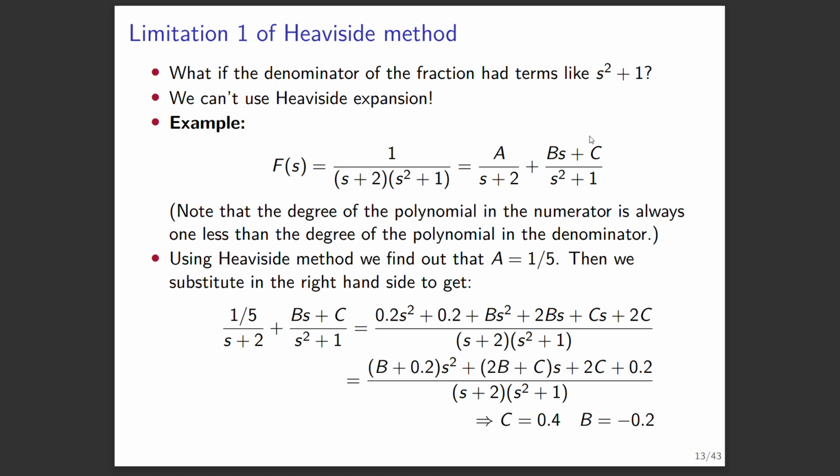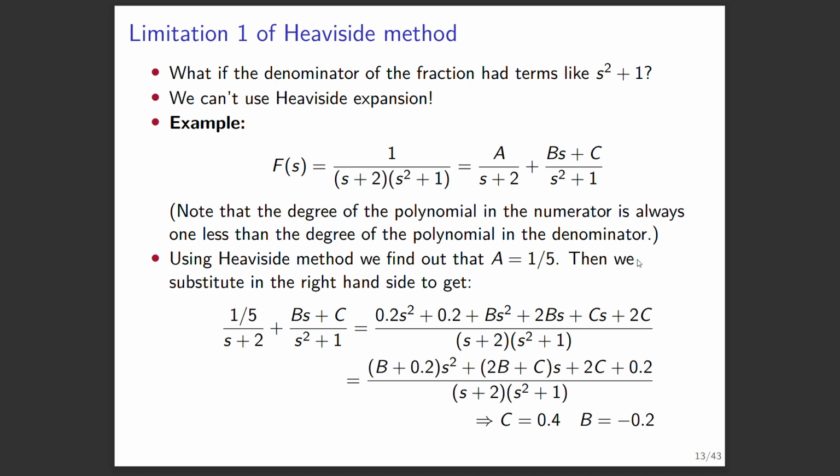What it could do is that if you have this case and you know you want to break it into a divided by s plus 2 and bs plus c divided by s squared plus 1, you can find a using the Heaviside method, and then you have to multiply both sides by s plus 2 times s squared plus 1. So here you get 1, here you get s squared plus 1 times a, and then you find b and c.